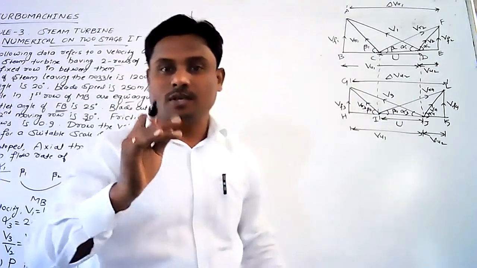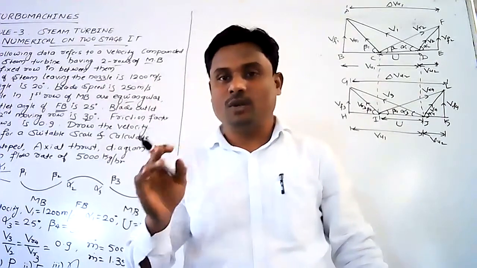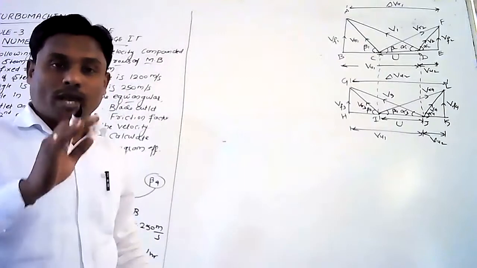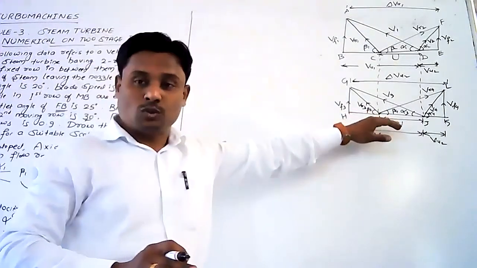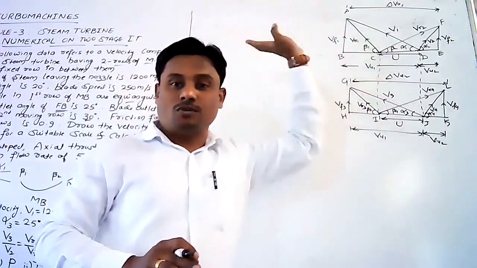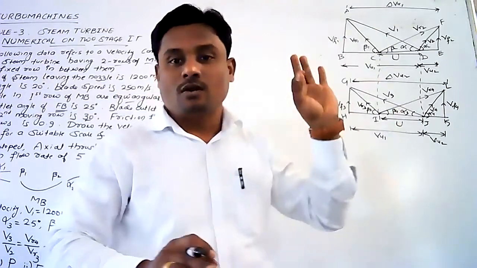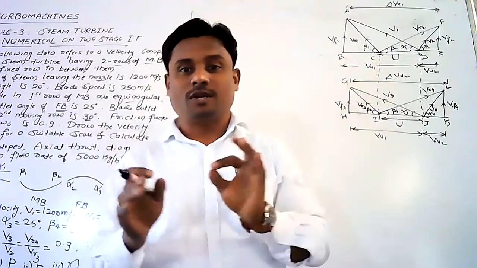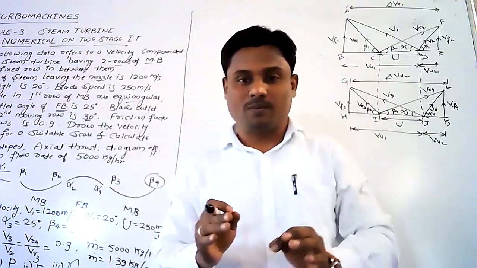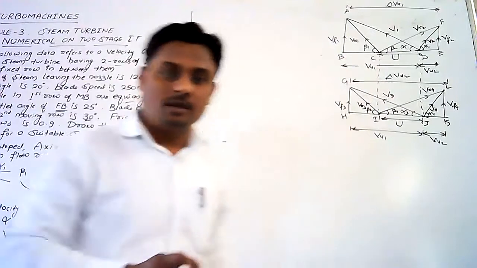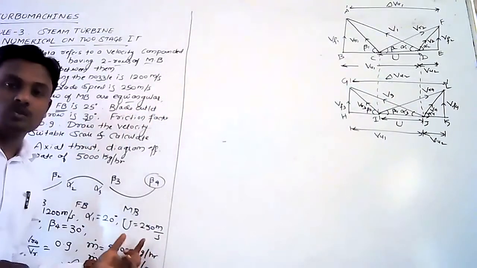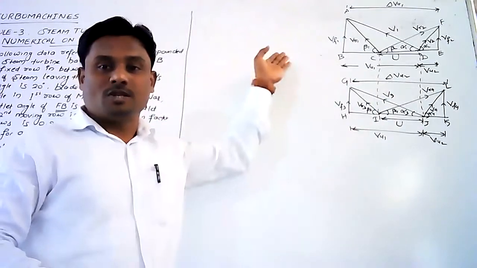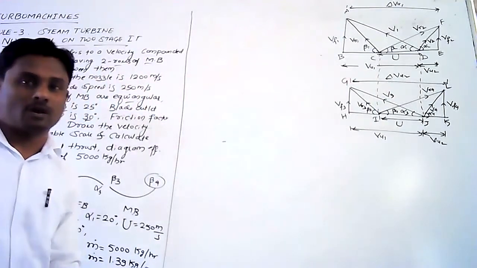If the value of u is not given, then we have to start the numerical from stage 2 and end up with stage 1. Is that clear? This is the very first condition to differentiate type 1 and type 2. In this numerical, the value of u is given, so we have to start sketching the graph from stage 1. Is that clear? Okay.